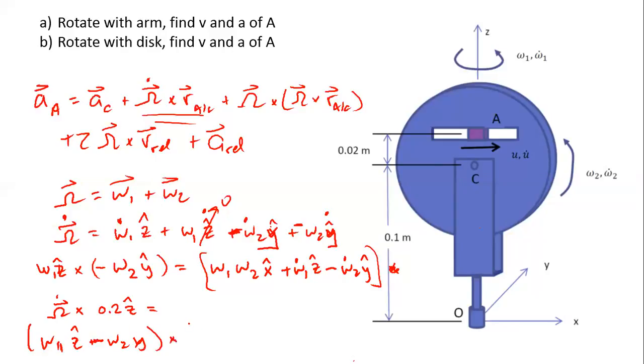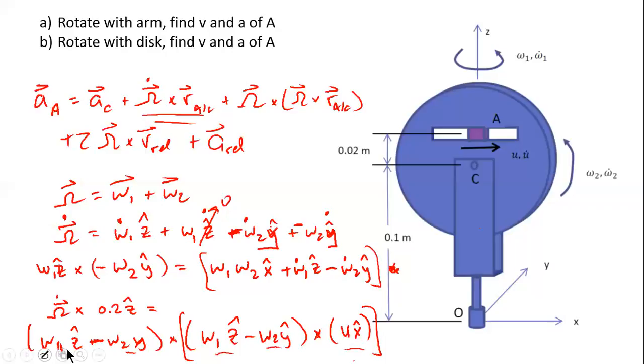And then we cross that into, we've got our omega 1 z minus omega 2 y, and then we've got to cross that into our r, which is still just the same u that we had from before, right? And that's in the x direction. So we do the omega 1 times the u, and then we'll end up getting another term with the omega 1 times the omega 2 in there.